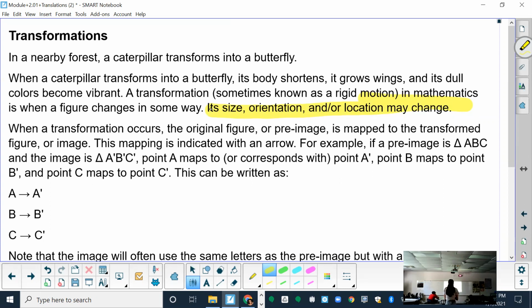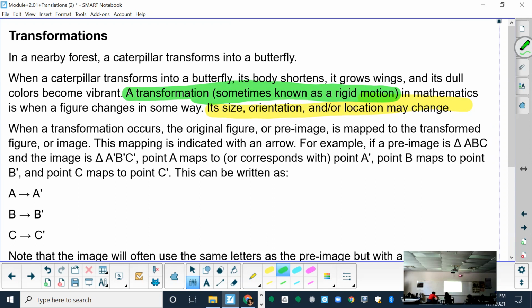It is also sometimes called rigid motion, so I'll highlight that part. All right, but usually the shape is changing in some way. For transformations, you will usually see that there's going to be the original and then the transformed one.